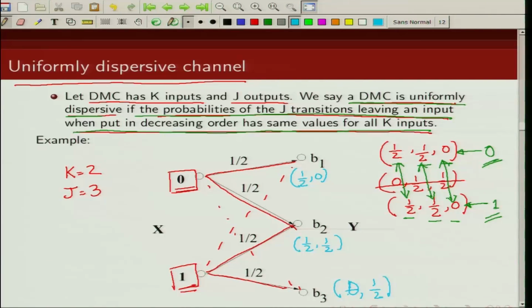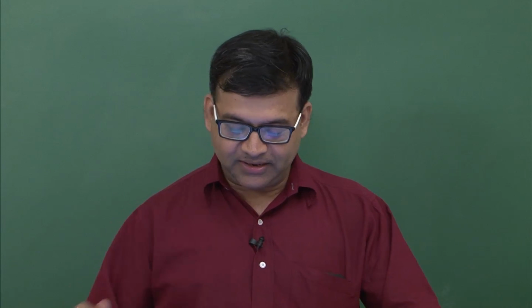So this is not an example of a uniformly focusing channel. Why? Because when I arrange the transition probabilities in descending order, for outputs B1 and B3 it is half and 0, whereas for this output it is half and half. So this is a uniformly dispersive channel, but it is not a uniformly focusing channel.